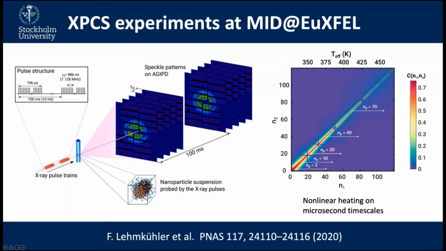Here, instead of time on the two axes, it is the pulse number: the first pulse, second pulse, and so on. You can see there is a narrowing happening, which means that your dynamics are becoming faster as you're measuring. By producing a model that takes into account how much of the X-rays are absorbed by the sample and how the heat is dissipated in the solution, they were able to show that this time can correspond to a temperature increase.